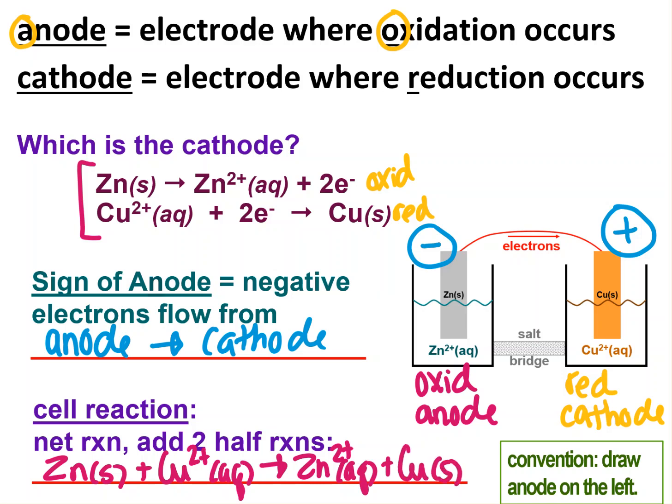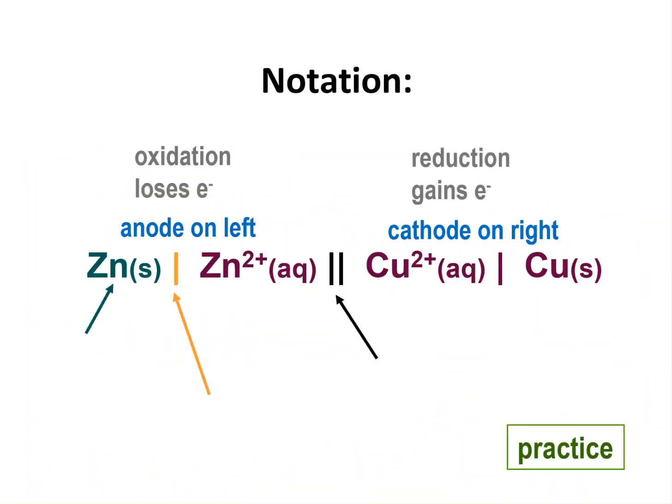And the last thing we want to note is that it is the convention to draw the anode on the left. It's always on the left, and the cathode is on the right. For our cell notation, we always show the anode on the left, and on the very end, we'll put the anode terminal.